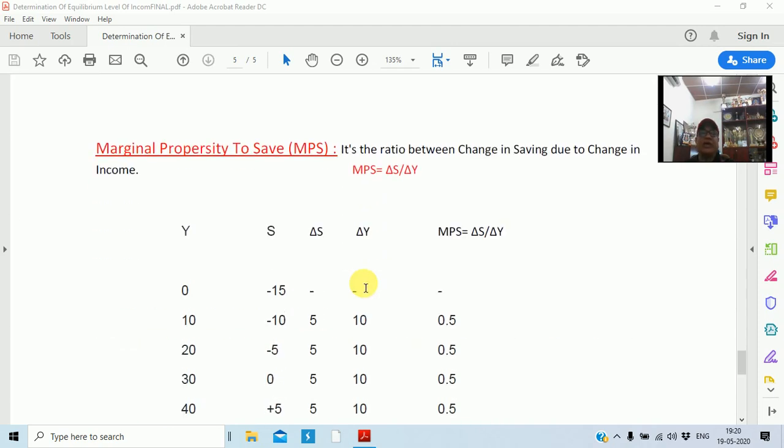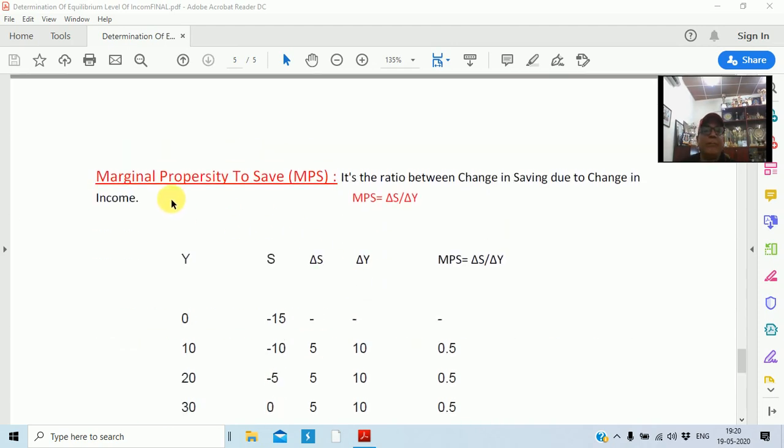Now moving to the next, that is MPS. MPS is the same as MPC. In marginal propensity to consume, we discuss the change in consumption due to change in income. Here we calculate the change in saving due to change in income.